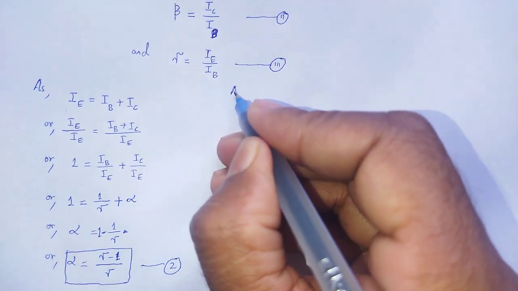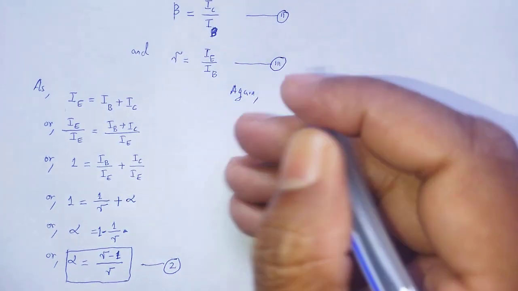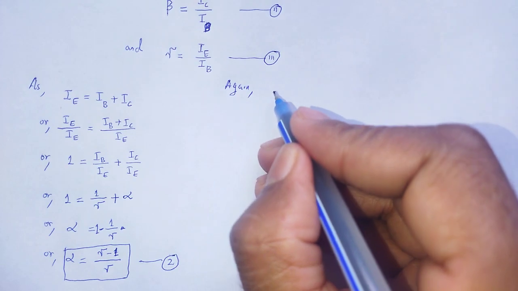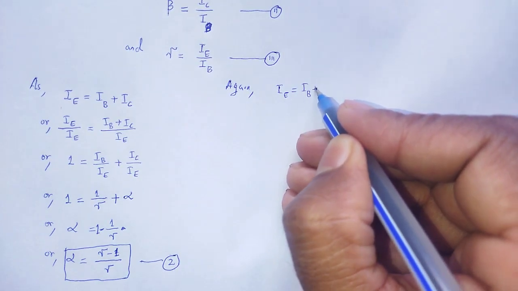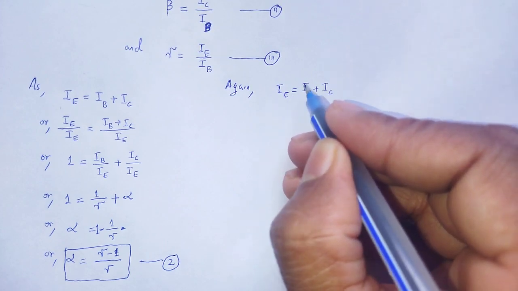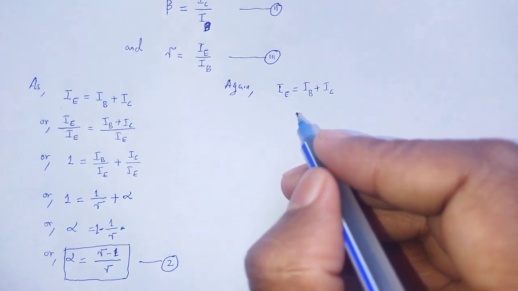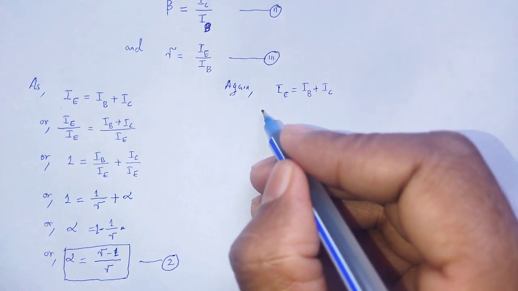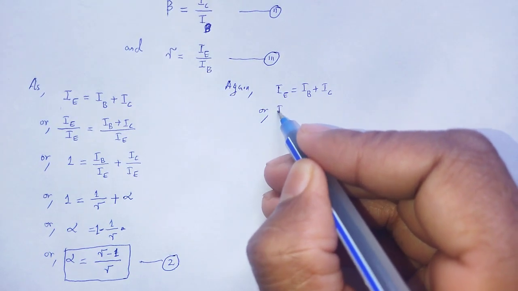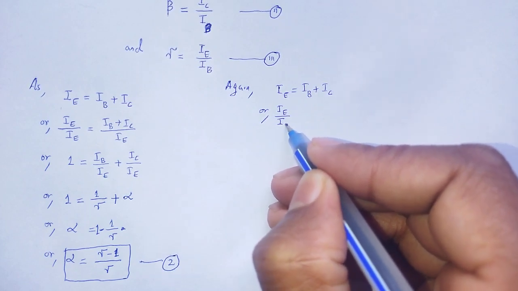Again, IE is equal to IB plus IC. Emitter current is the sum of base current and collector current. Let us divide by IC on both sides.